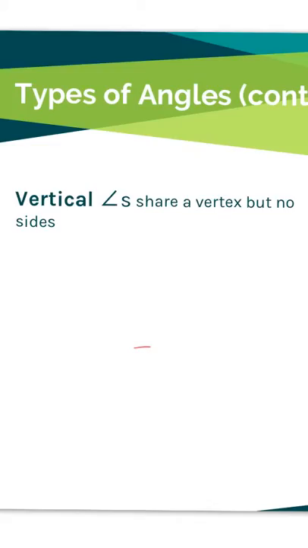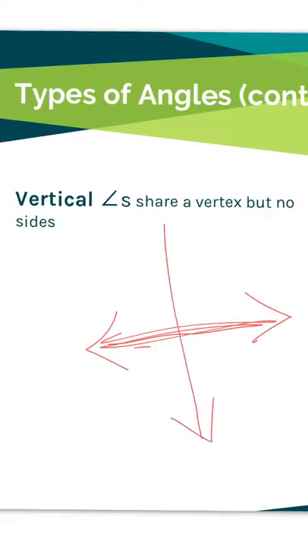Now let's look at vertical angles and adjacent angles. Vertical angles and adjacent angles talk about angles that are near each other. Vertical angles share a vertex but no sides. So if you saw two lines about like this, and we had 1, 2, 3, 4 angles, the vertical angles would be the angles that share the vertex or the corner, but they have no sides in common.